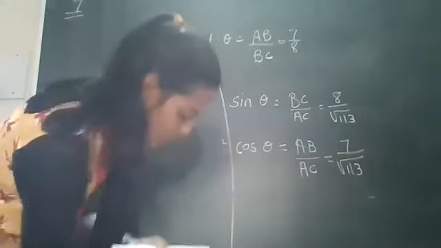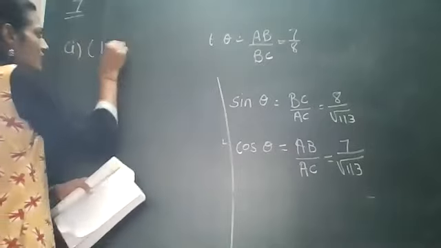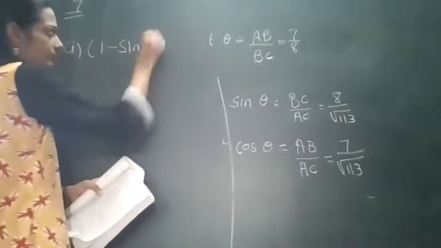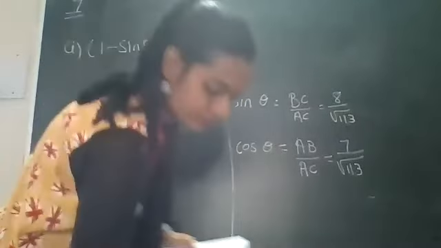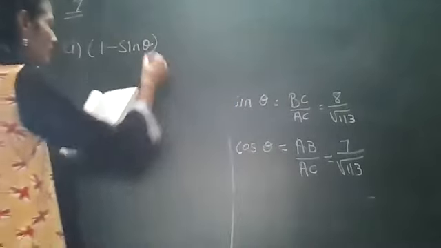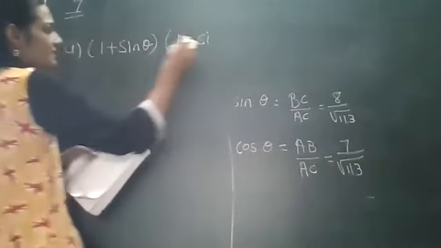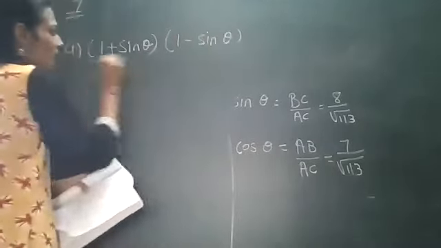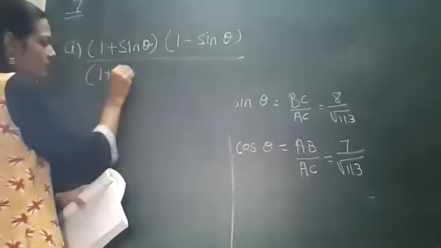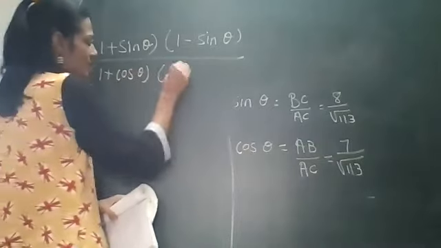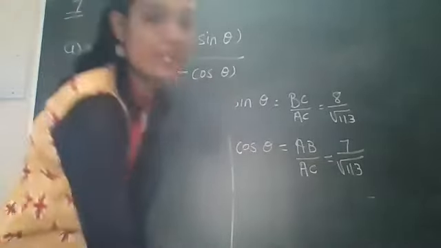Now we are going to find the first question. In that, the first expression given is 1 minus sin theta, into another bracket 1 plus sin theta, upon 1 plus cos theta, into another bracket 1 minus cos theta. Right? Now we have to find this value.